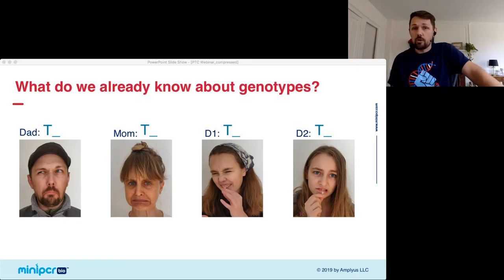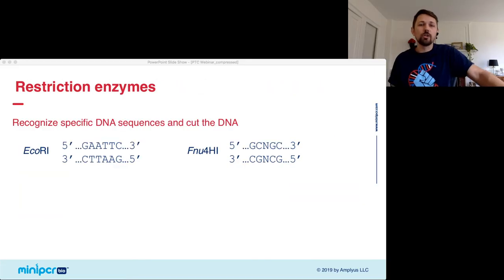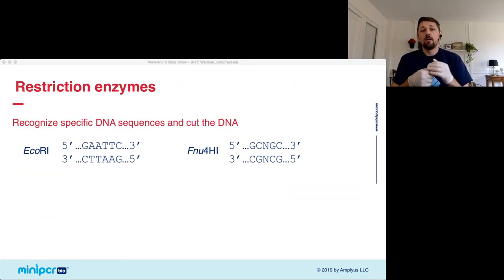What we don't know right now is what the other allele is. We don't know if we're heterozygotes or homozygotes. If you've done this in class before, just with the PTC part, this is where you have to stop. Now we can take it a step further and match that DNA to the actual phenotype that we have. We're going to do that with restriction enzymes.